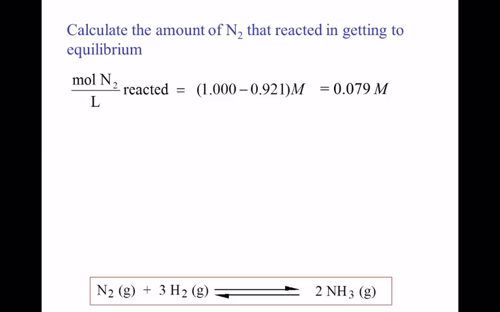So this C in the ICE table stands for change. The change, of course, would be the difference between what it started out with initially and what it was at equilibrium. So the change is 0.079 moles per liter.